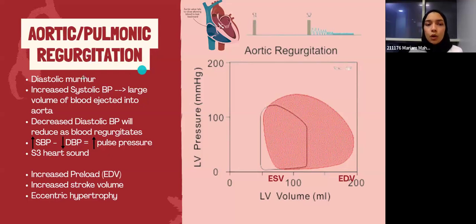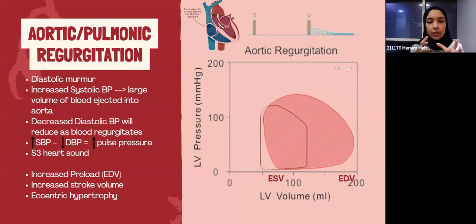Okay, so what happens is that there is an increased systolic blood pressure because we said that it causes a volume overload. The blood is coming back from the aorta and the blood is coming from the atrium.